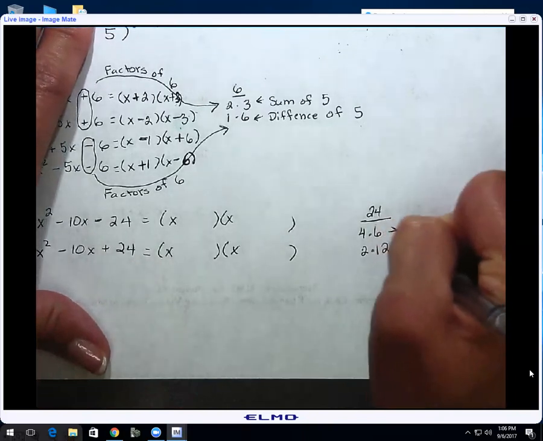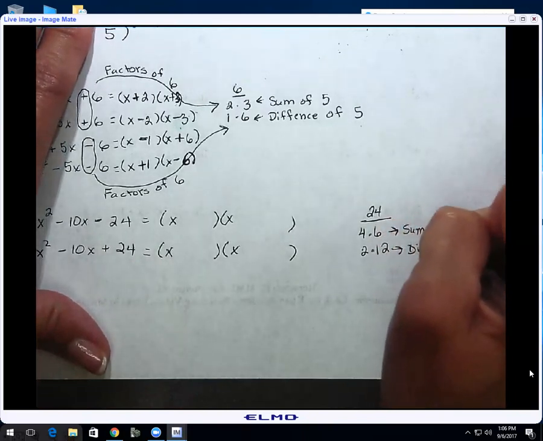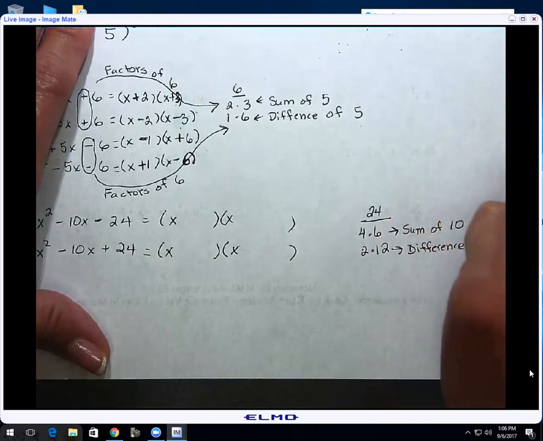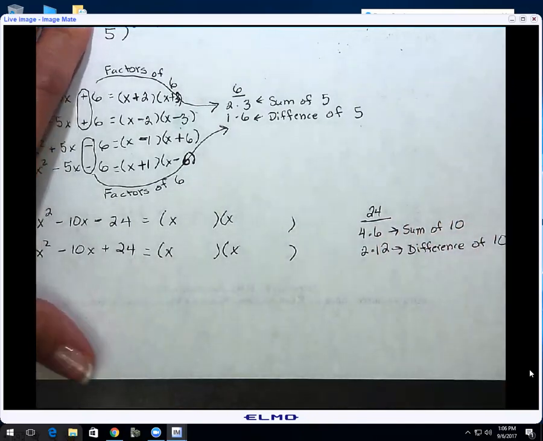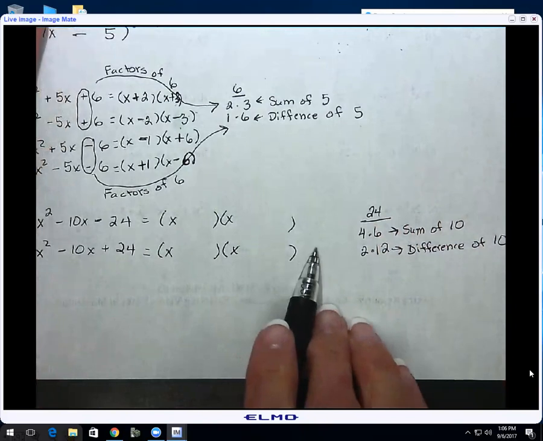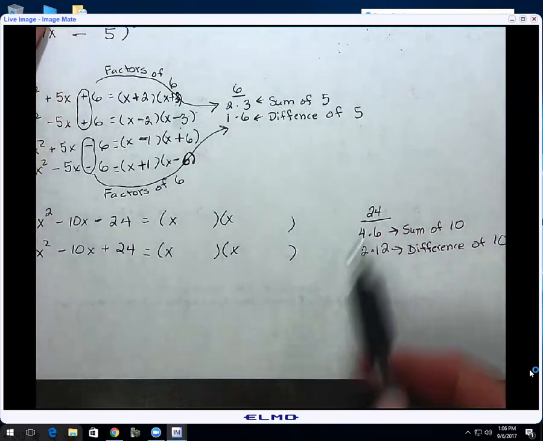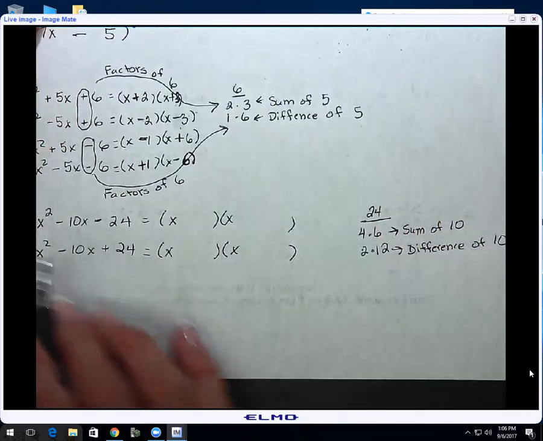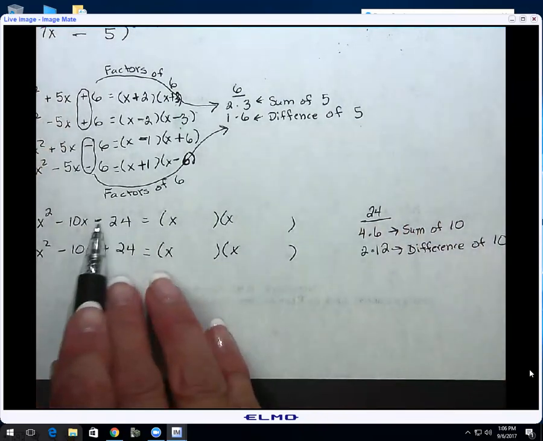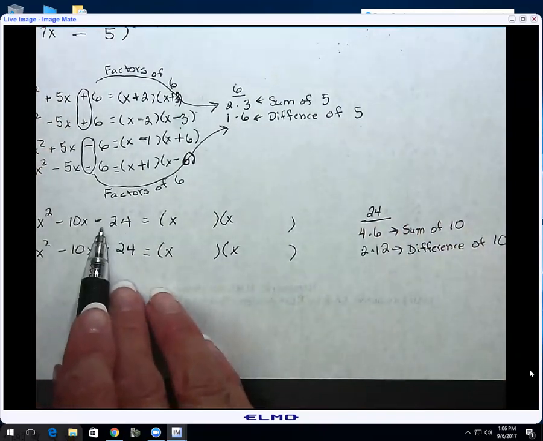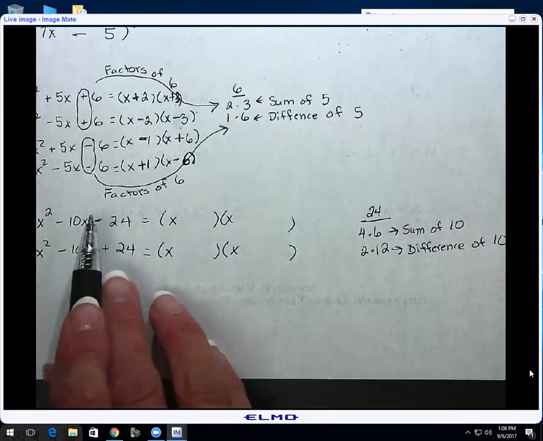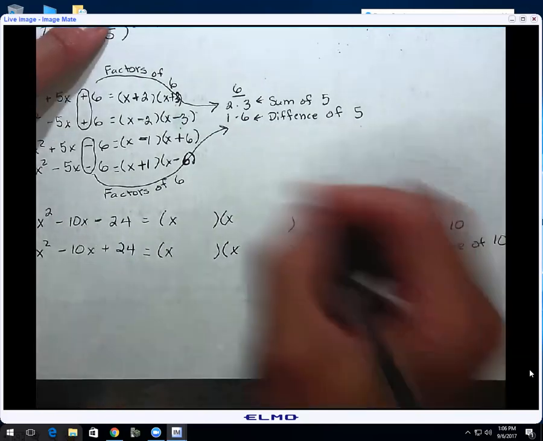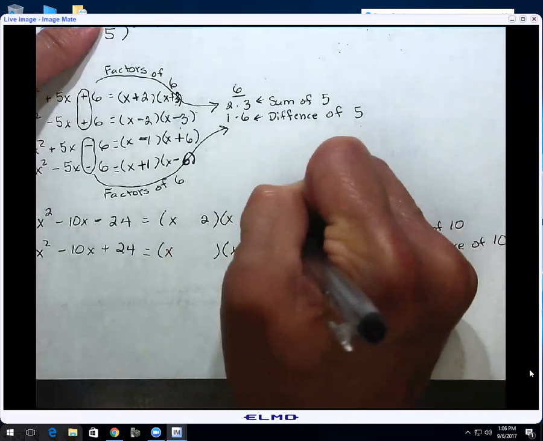This has a difference of 10. You need to be saying the correct thing to yourself to pick the right pair of numbers. And on number 5, since that last term's negative, I need factors of 24 that have a difference of 10. That's the 2 and the 12.